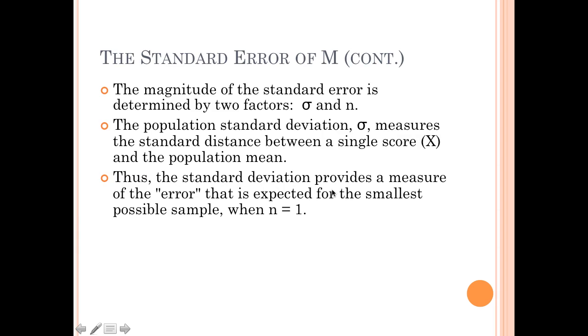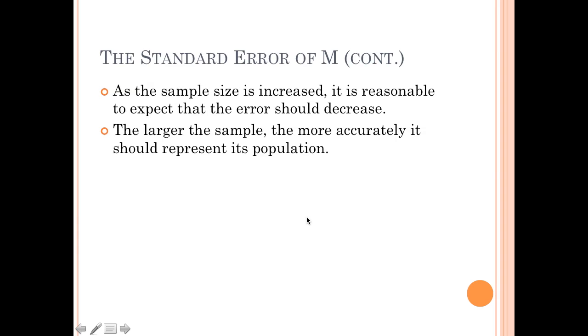So the standard deviation provides a measure of the error that is expected for the smallest possible sample, when n equals just 1. As the sample size increases, it's reasonable to expect the error should decrease. So the larger the sample, the more accurately it should represent its population.